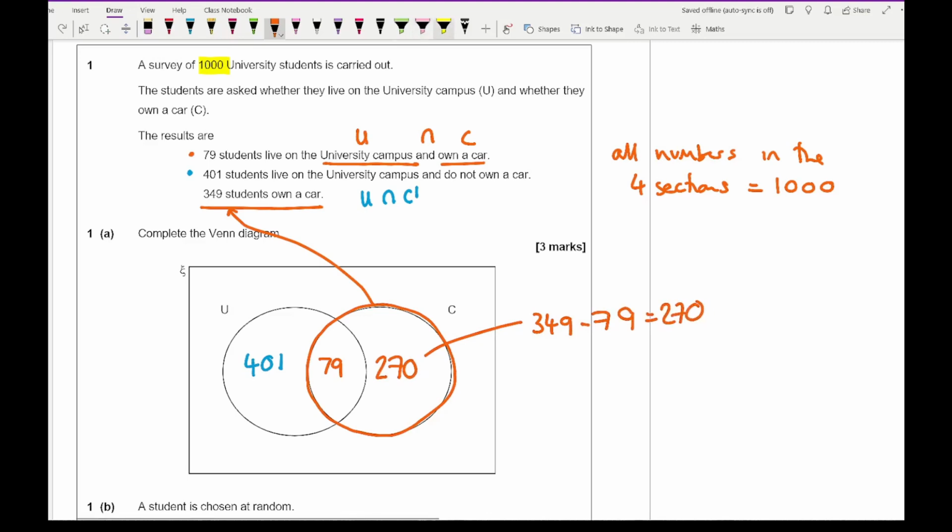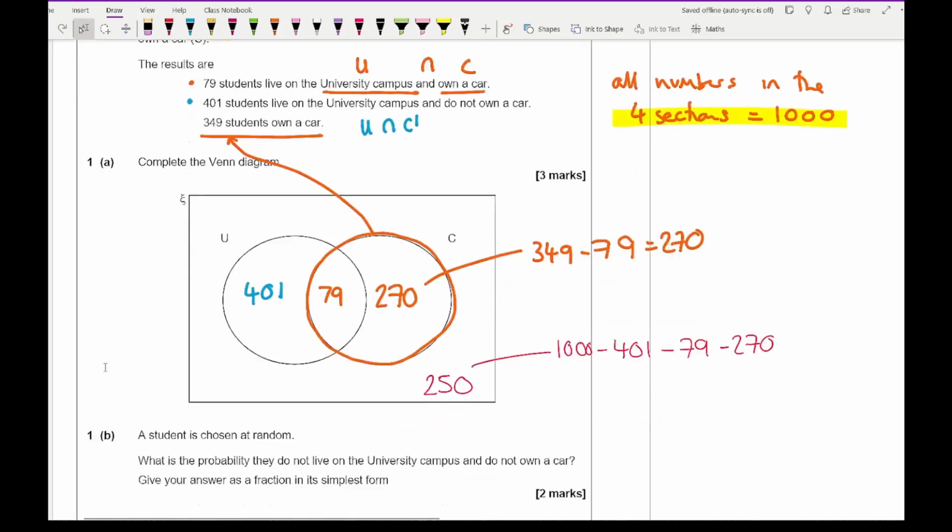Then using the information that I know that all 4 sections need to add up to 1,000, I can work out what this number here is by doing 1,000 minus 401 minus 79 minus 270, which gives me an answer of 250. So what I've done is I've then completed the Venn diagram.